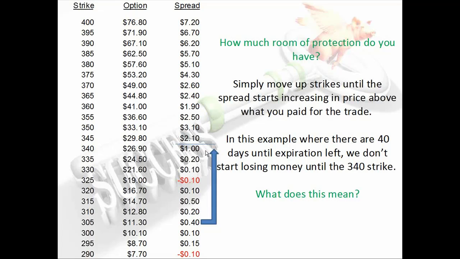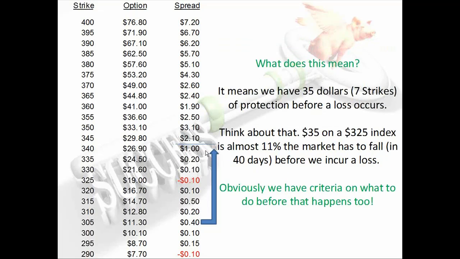What does that mean? It means we have $35 of risk. We have $35 where the market can move in the direction of our risk, which is 7 strikes of protection before a loss occurs.